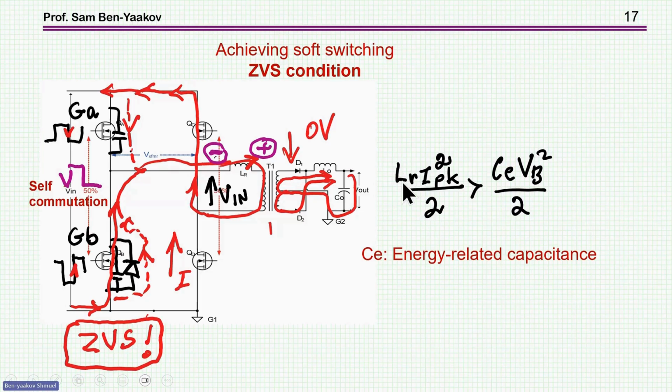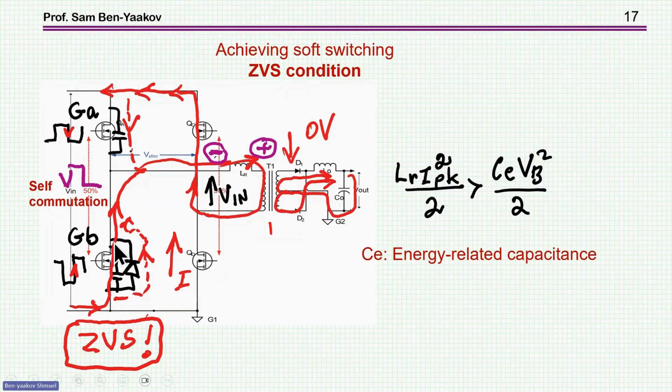So what is actually designed, or taken into account in the design, is how much inductance I need. Now, if the inductance is too small, then this process will not be completed and will be stuck at the midpoint. I'll show you a simulation in the next slide.